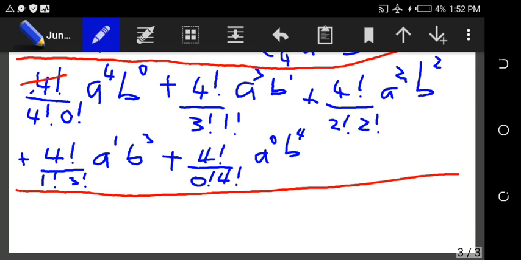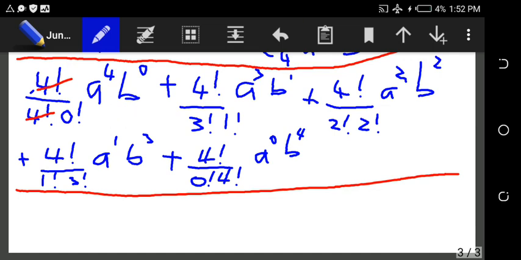I'll take that again. The 4 factorial is 4 times 3 times 2 times 1. In your denominator, you also have 4 factorial, 4 times 3 times 2 times 1. They're going to cancel out. Then you are left with 0 factorial, and 0 factorial is 1. So this expression here will simplify to 1.